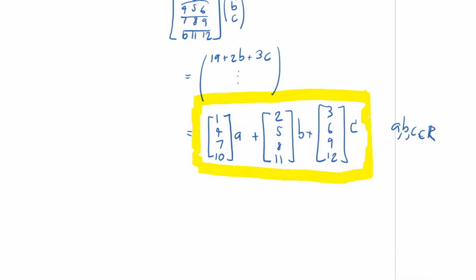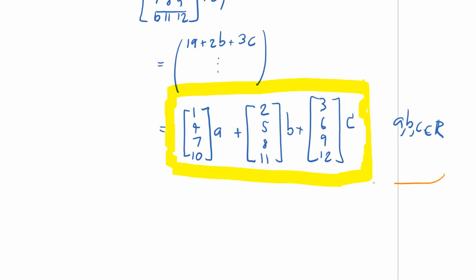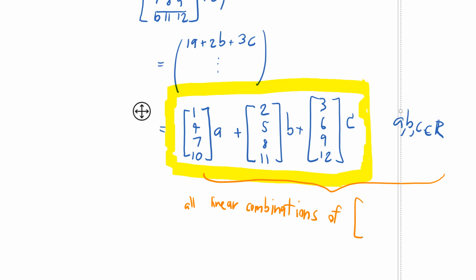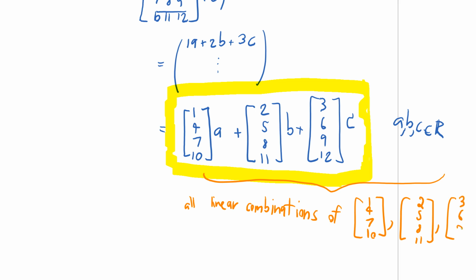Well, we talked about this already. This whole thing is just all the linear combinations of the 3 vectors that we see here: 1, 4, 7, 10 and 2, 5, 8, 11 and 3, 6, 9, 12.